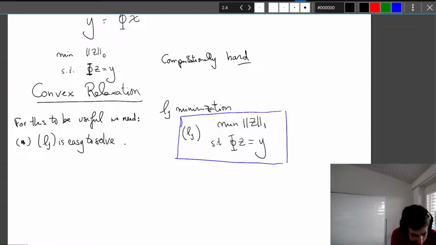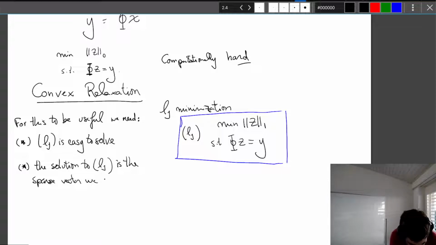We also need something else, which is that the solution to L1 is the solution to L0 in many cases, is the sparse vector we want. If we don't have these two properties, then it doesn't make any sense what we're doing. But if we have these two properties, then all of a sudden it makes a lot of sense, because now we have a problem that gives us the object that we want, and that is actually easy to solve. We can do it on the computer.